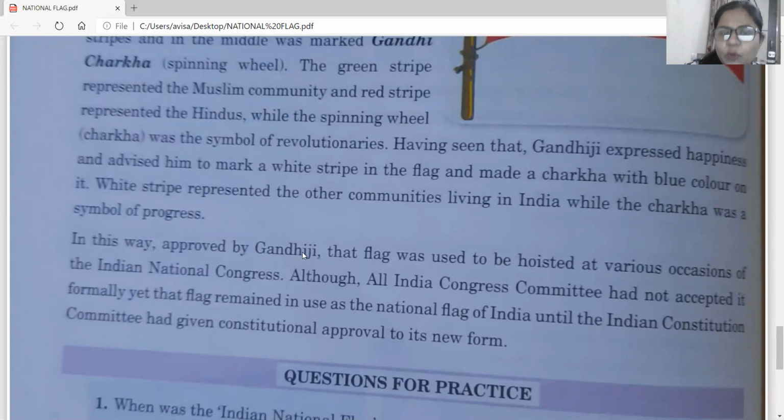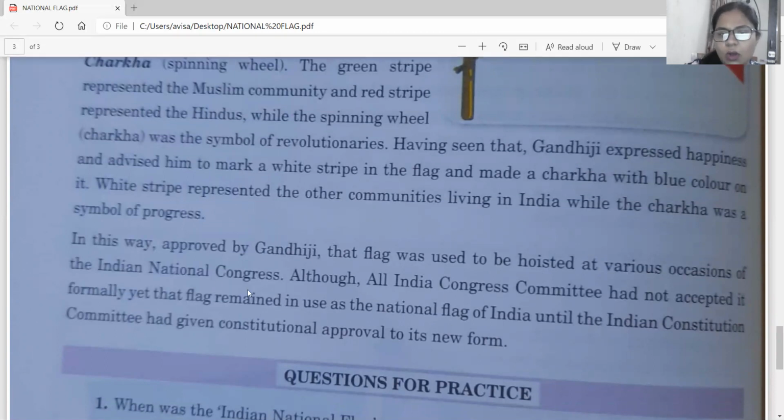In this way, approved by Gandhiji, that flag was hoisted at various occasions of the Indian National Congress, although the All India Congress Committee had not accepted it formally yet. That flag remained in use as the national flag of India until the Indian Constitution Committee gave constitutional approval to its new form.